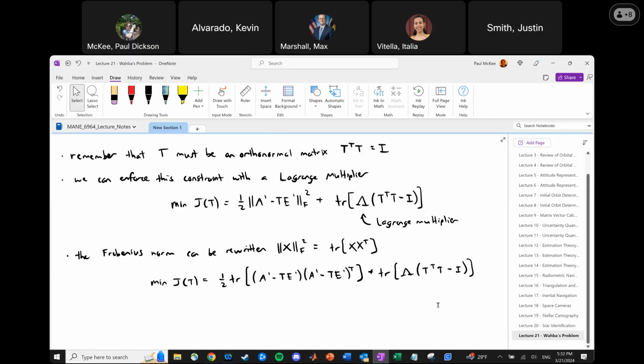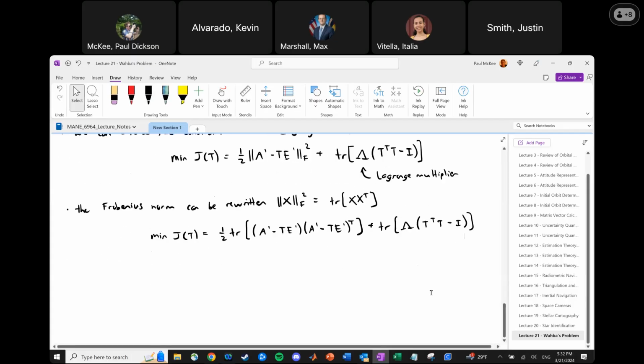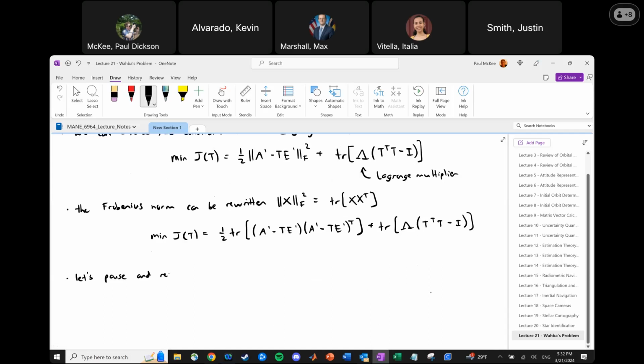So next, we're going to use some tricks which you may or may not be aware of already. So let's pause and review some useful properties of the trace operator.